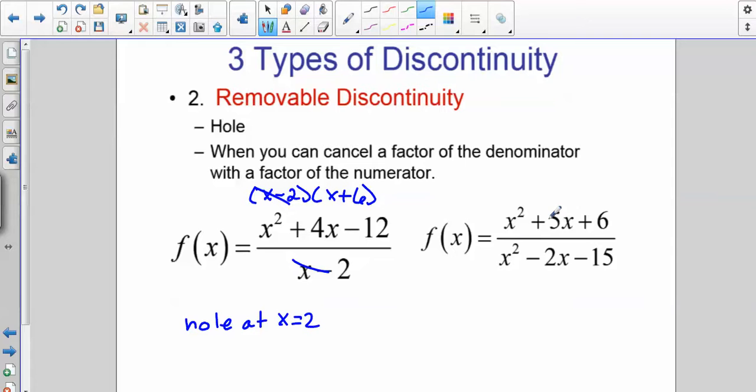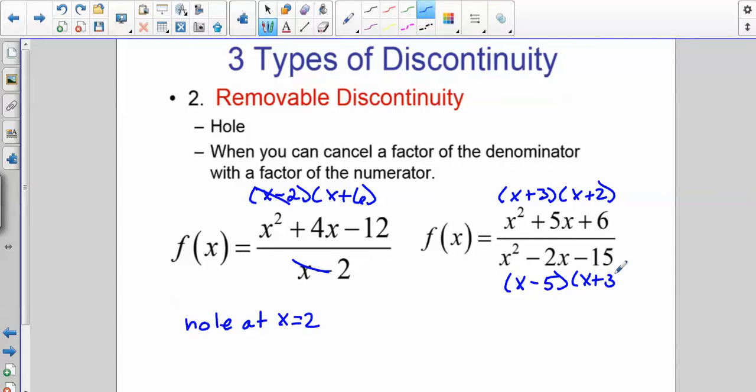The next function, we need to factor both the numerator and denominator. So the numbers that multiply to 6 and add to 5 are 3 and 2. X plus 3 times x plus 2. The numbers that multiply to negative 15 and add to negative 2 are negative 5 and positive 3.